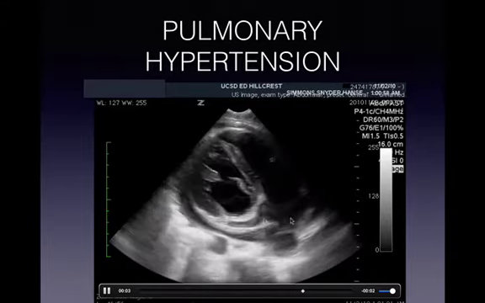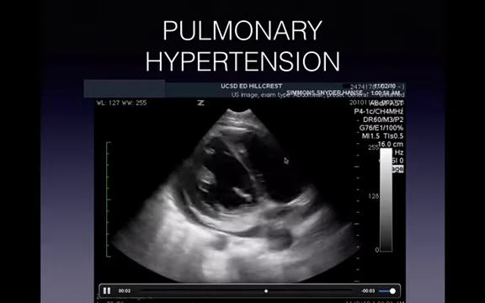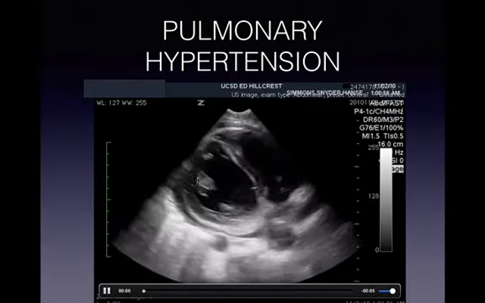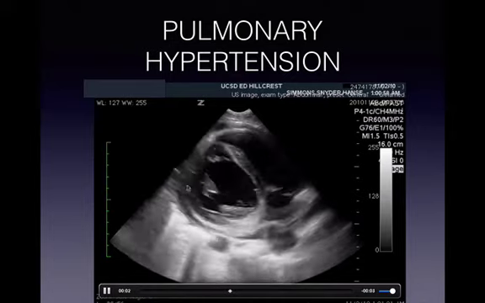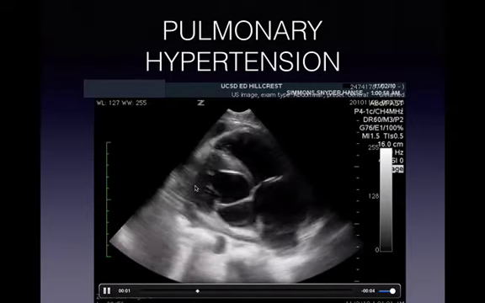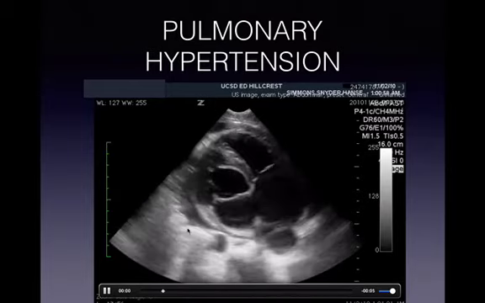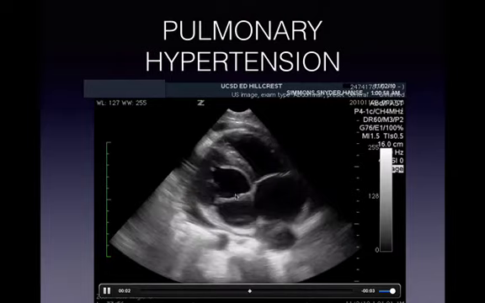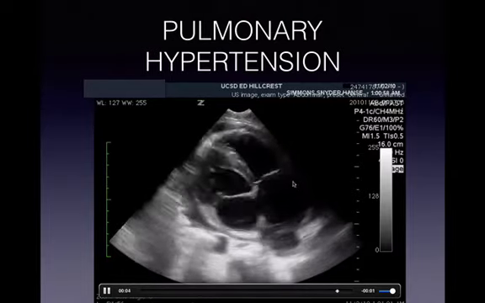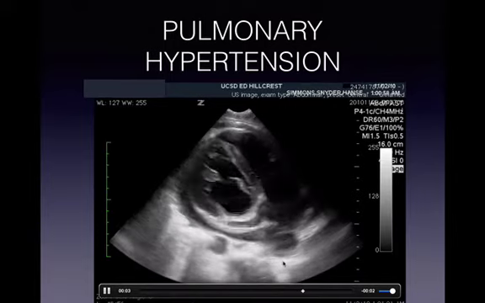Even though this left atrium is dilated, this mitral valve is coming up and hitting the septum. And then we see a very large, thickened right ventricle, which is consistent with pulmonary hypertension. So we have pericardial fluid, we have pulmonary hypertension in this patient, and the left-sided ejection fraction is relatively normal.